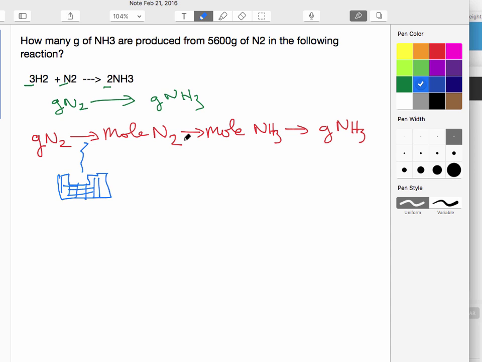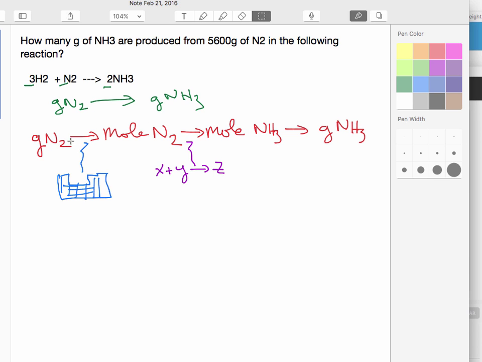Then to get from the moles of N2 to the moles of NH3, you need an equation. You need a balanced chemical equation to do that. That's this.